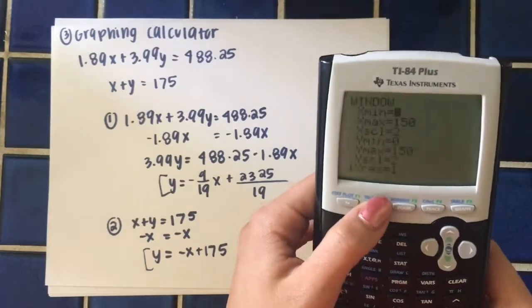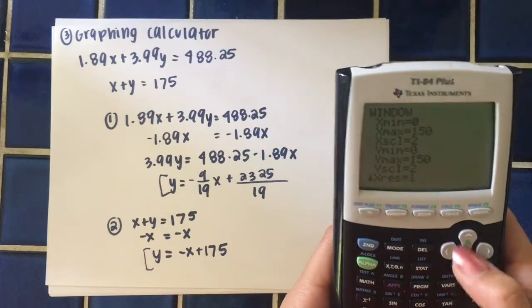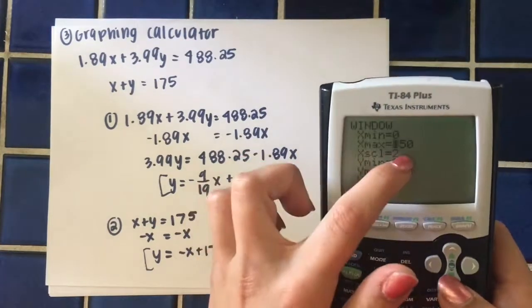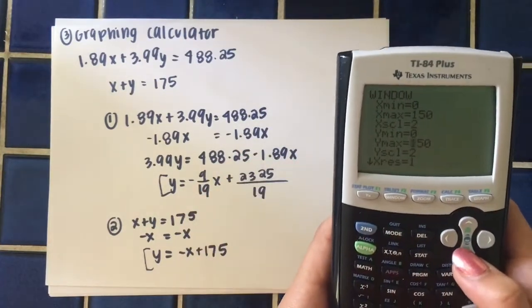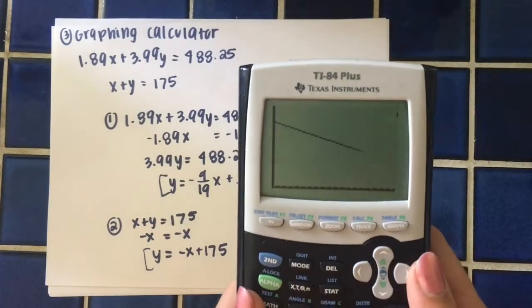So now I'll make sure the window's right. I did this earlier. So for my window, I just put 0, 150, the scale just to be 2, and then 0, 150, and 2. So then when I graph it, this comes up.